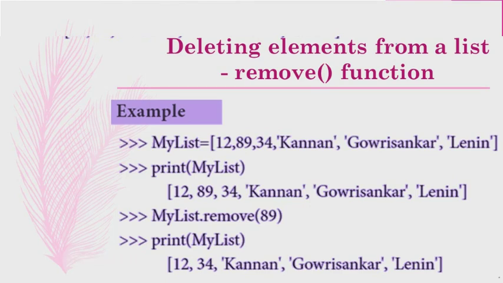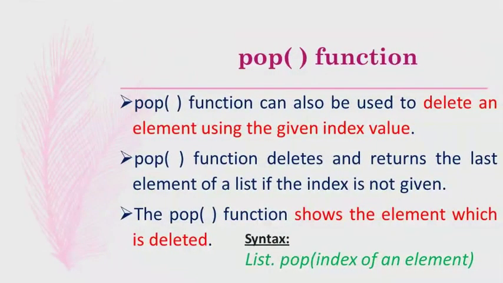Here another function is also used to remove elements, that is the pop function. This pop function is used to delete the element using the given index value. If you know the index value, you can use the pop function to delete the element. This pop function deletes and returns the last element of a list if the index is not given.